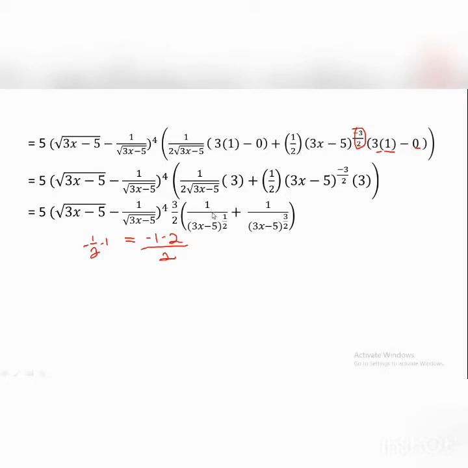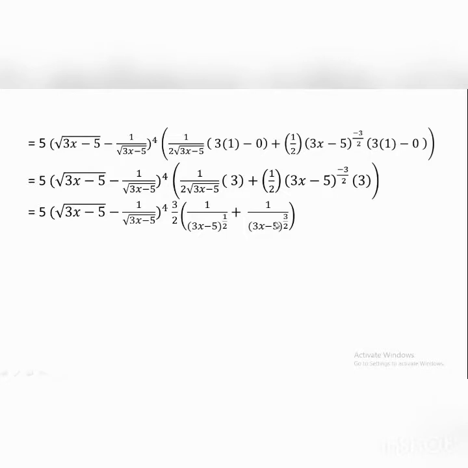What terms remain inside the bracket? 1 upon 3x minus 5 raised to half. Why raised to half? Because here root of 3x minus 5 is there. And here the power of 3x minus 5 is minus 3 upon 2. Since there is a minus in the power, it comes into the denominator. So it is 3x minus 5 raised to 3 upon 2.